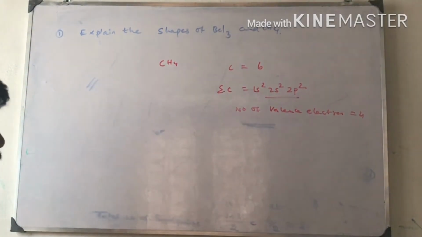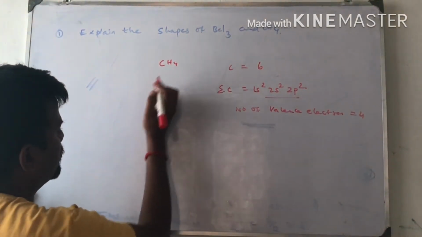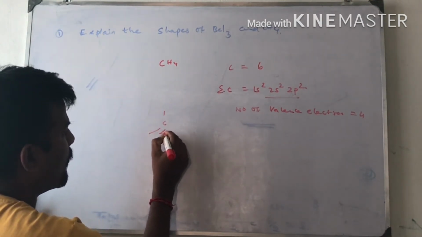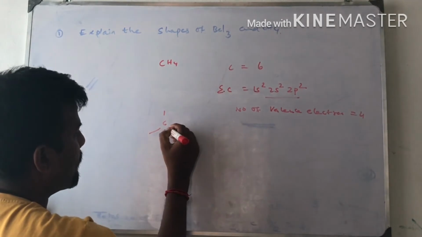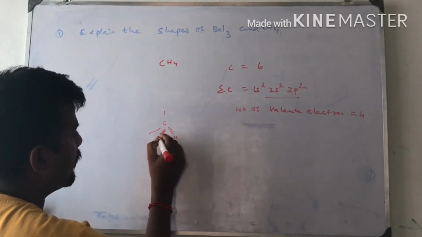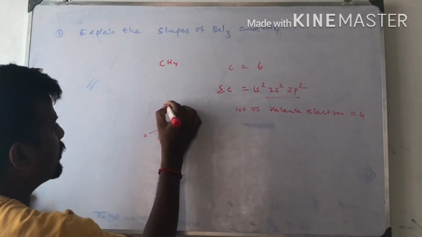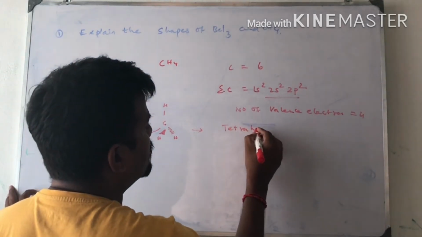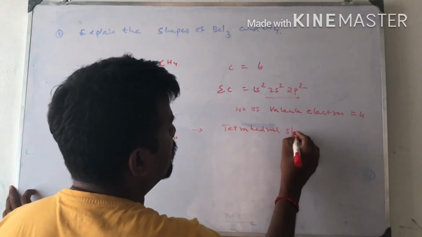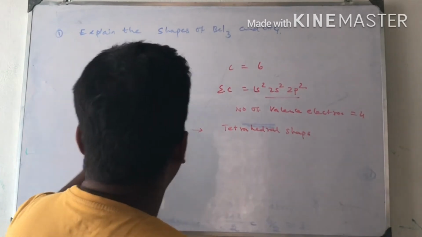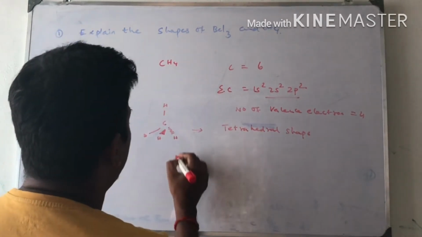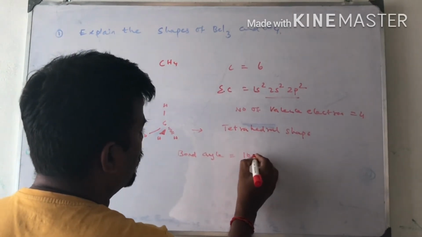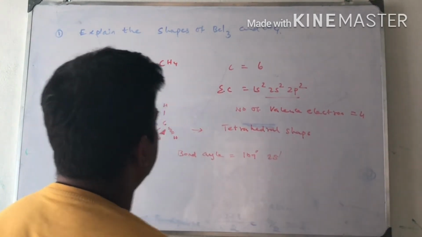Next, the shape. The shape is tetrahedral. You have to draw the diagram, shape, and bond angle. These are all important. Bond angle is 109 degrees 28 minutes.